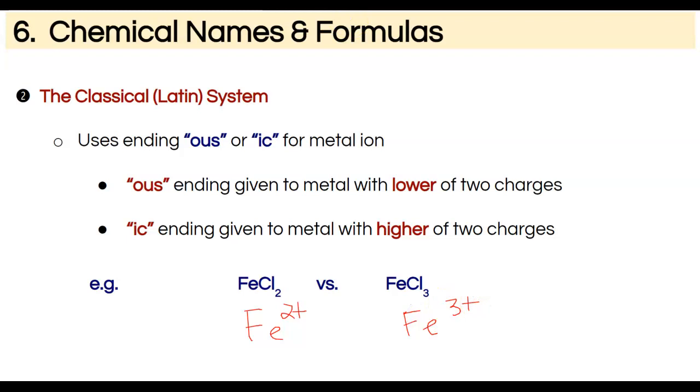So what that means for me is that if I'm dealing with iron with the 2+ charge, when I name it, there's an -ous ending that would go there because it's the lower of the two charges. And then the higher of the two charges, which would be iron 3+, would get the -ic ending.